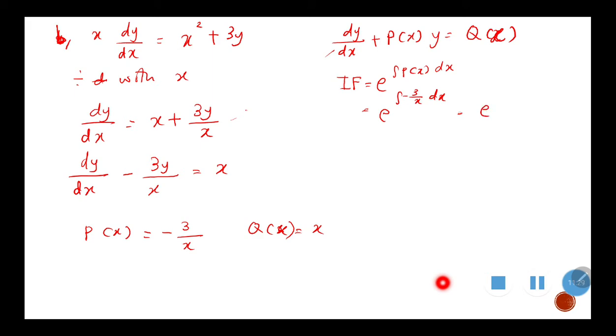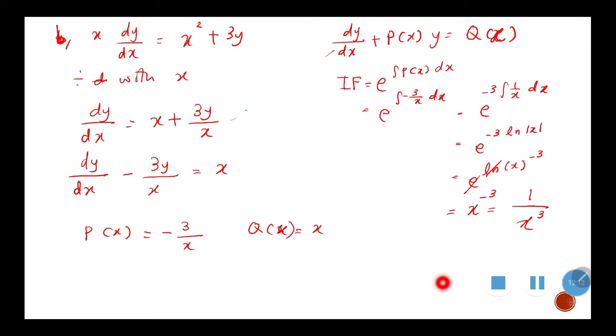The minus 3 can be put outside, leaving this with 1 over x dx. So when you integrate 1 over x, what do you get? Ln x, right? This can be rearranged like this. e and ln cancel, leaving you with x to the power of minus 3, which can be rewritten like this.